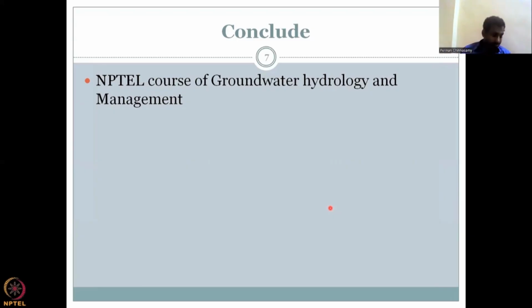Remember that for the agricultural productivity increase in India, groundwater played a very vital role. And so we need to respect and conserve it so that our development is sustainable.